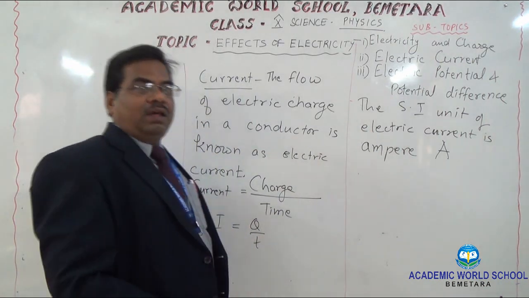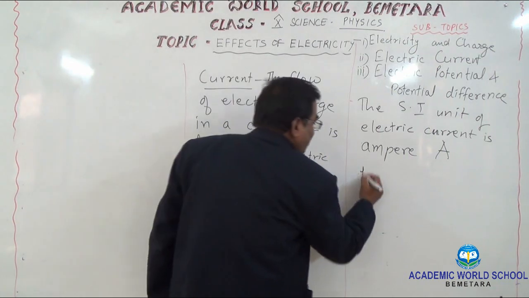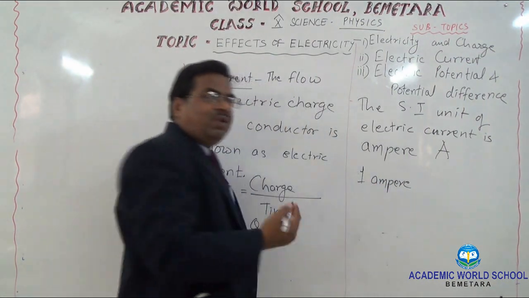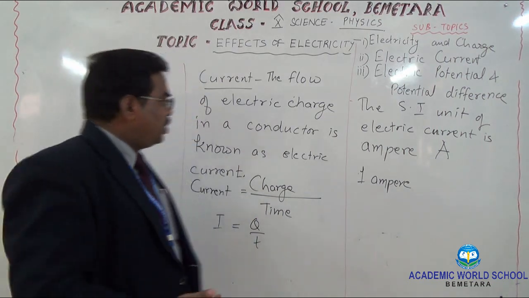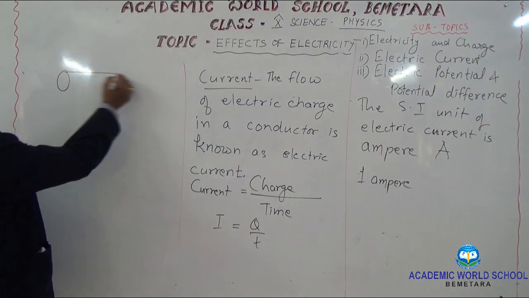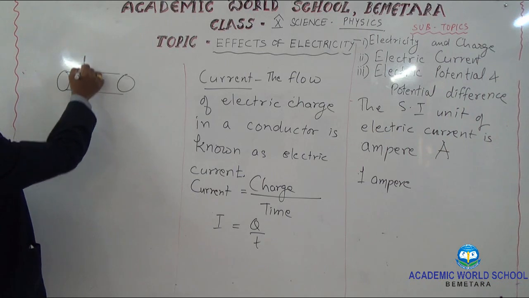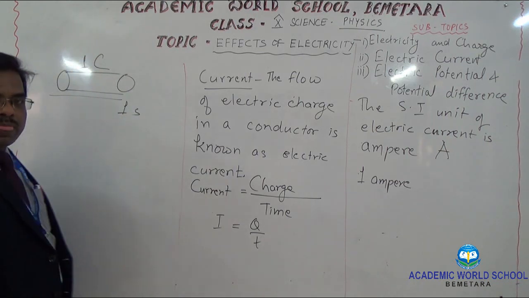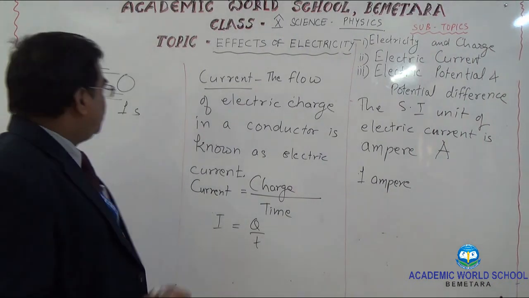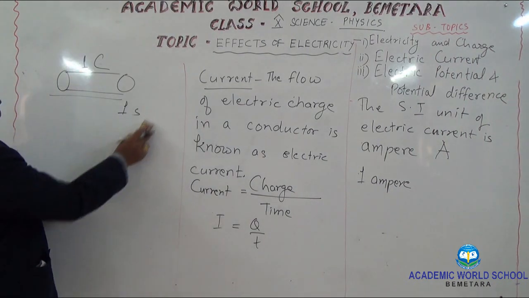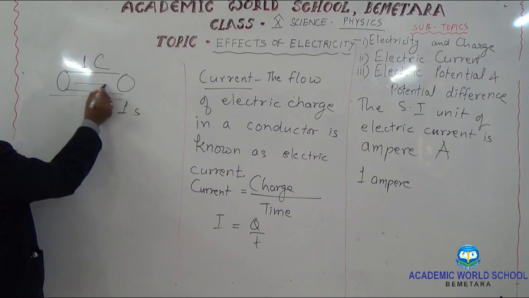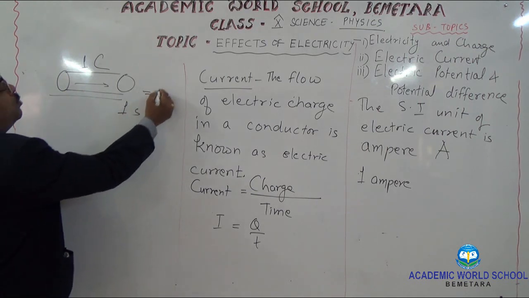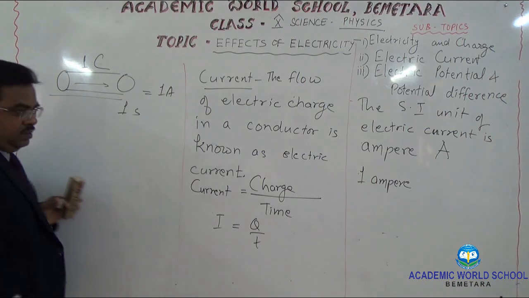Now let us define ampere. What will be 1 ampere? In a wire, if 1 coulomb charge is flowing in 1 second, that is equal to 1 ampere current.